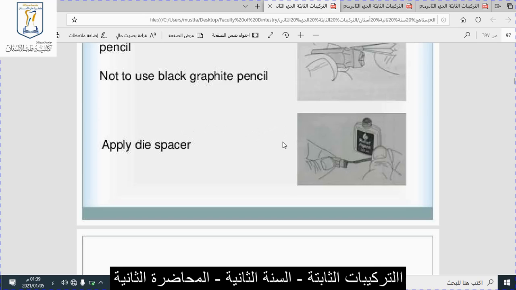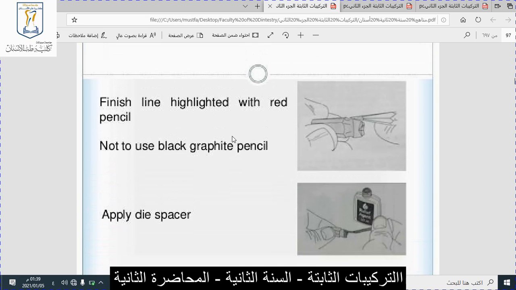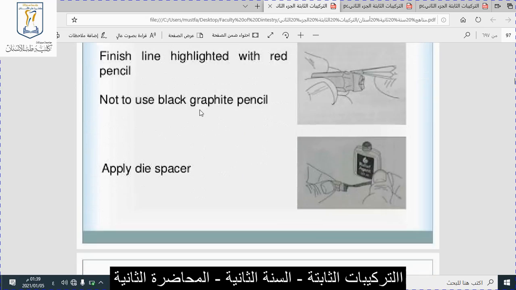This makes a space under the restoration, leading to recurrent caries or distortion of the restoration. Also prevent die spacer from reaching the margin. If it gets into the margin, there will be dissolution of the cement and an open margin, loss of retention, or decay under the margin. So we have to know these notes.